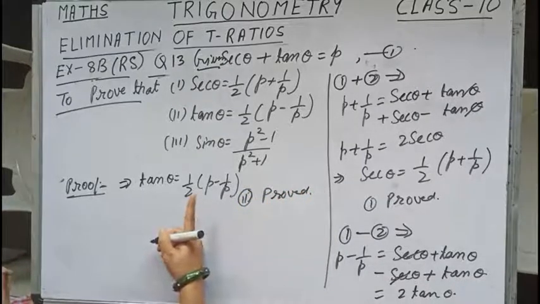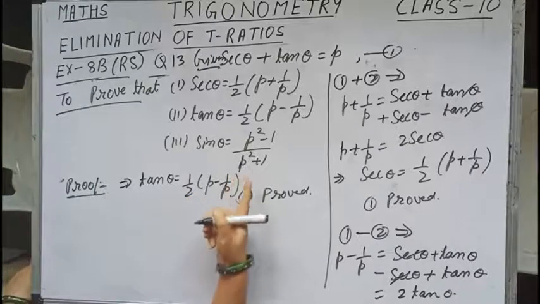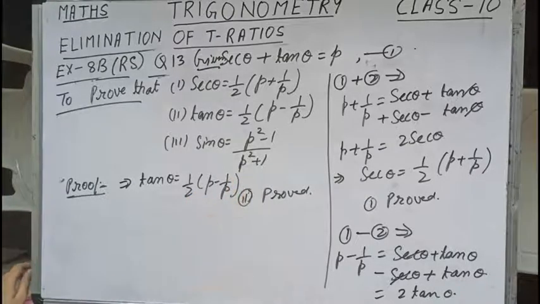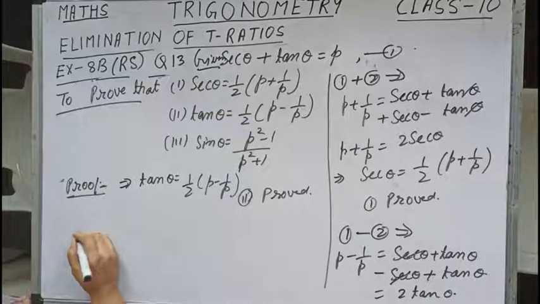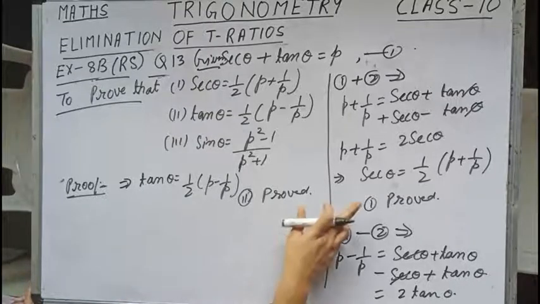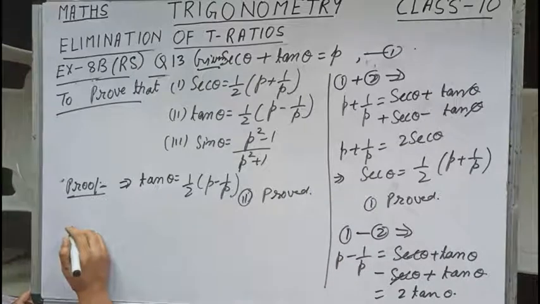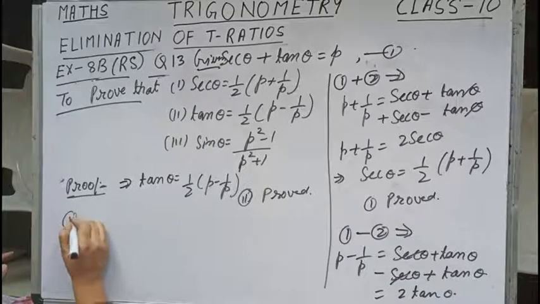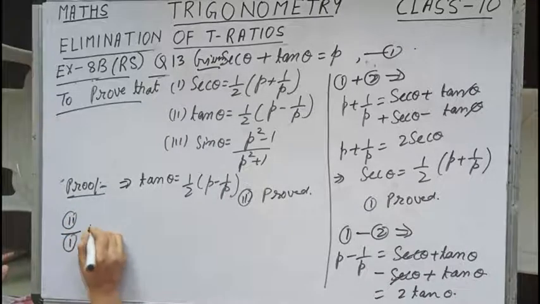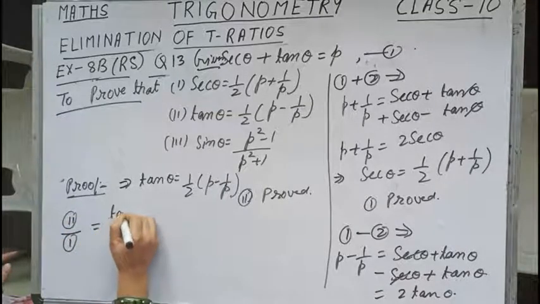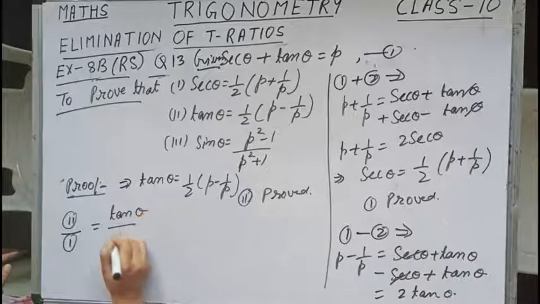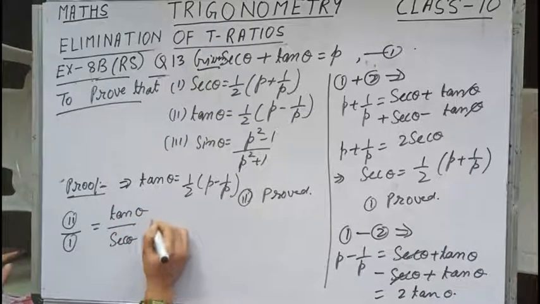Now we need sin theta. Sin theta is p square minus 1 by p square plus 1, which we have to find. Now over here, we got the value of sec theta, we got the value of tan theta. Now if I do number 2 divided by number 1, it will be equal to tan theta by sec theta.